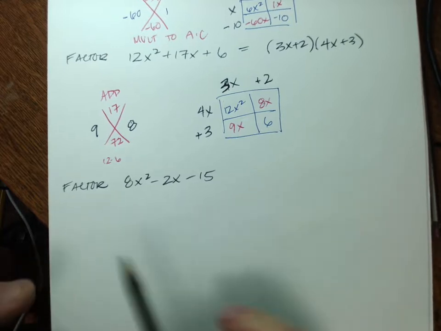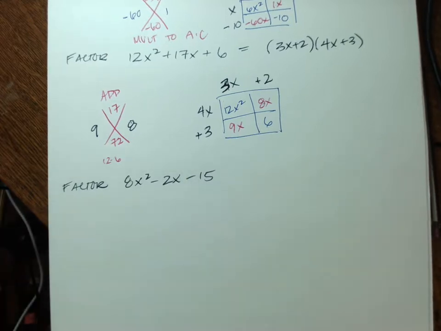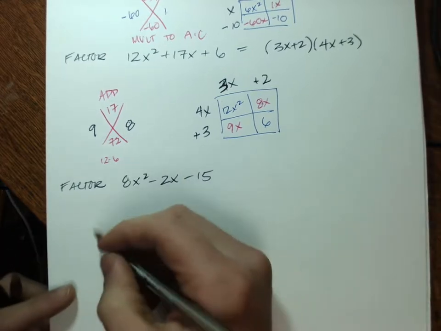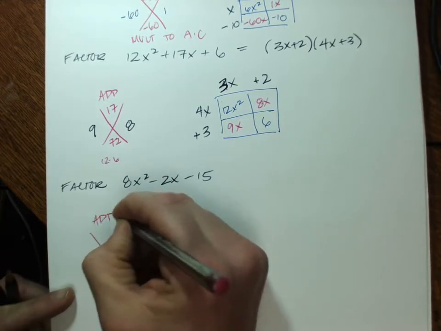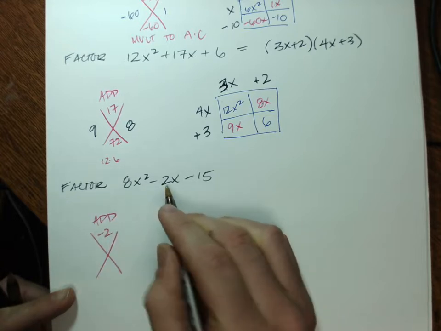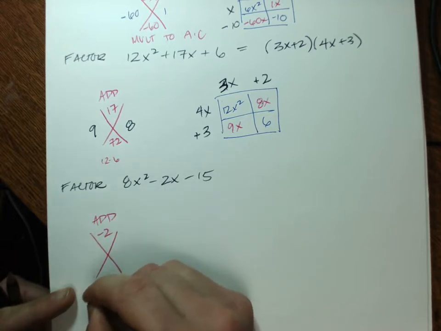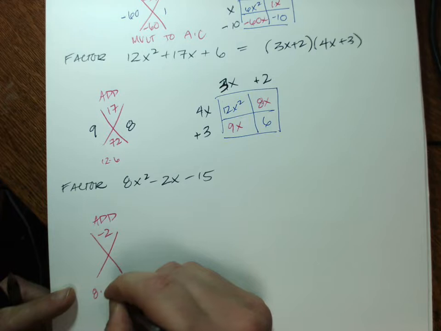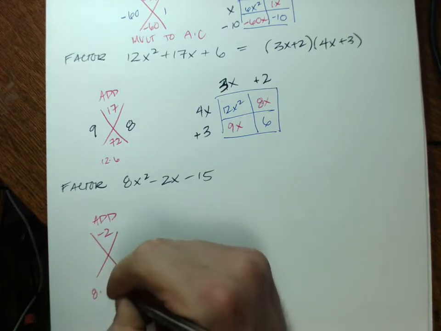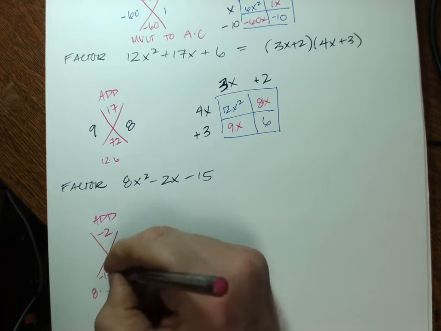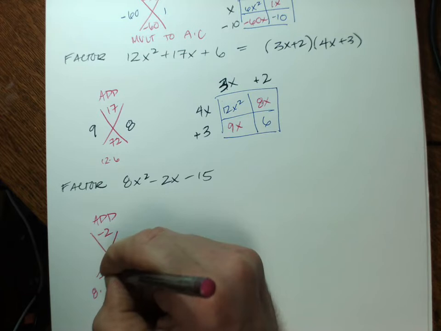Okay. Last one on this example, we're going to take a look at one with some negatives in it. It's going to add to -2, and then 8 times -15. Let's see, -135. No, -120.